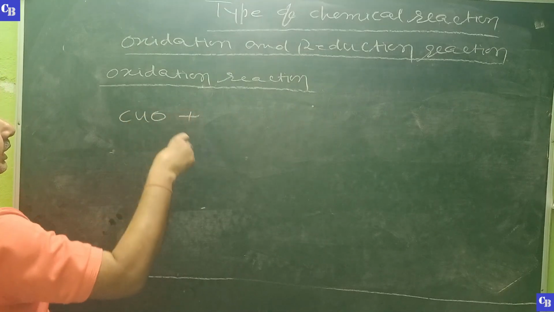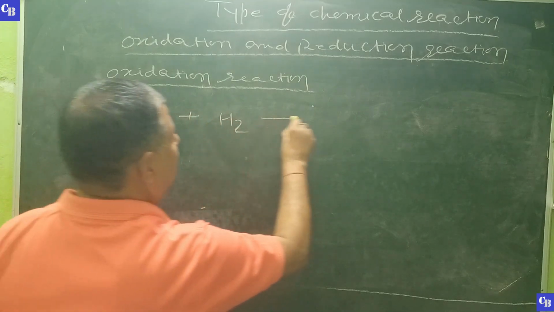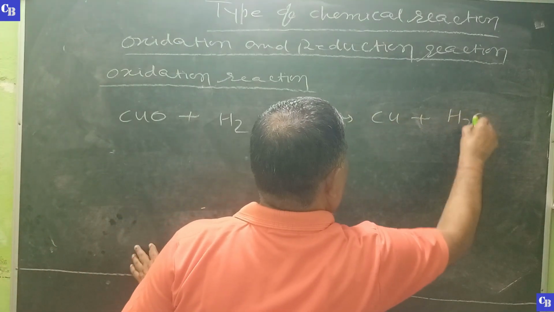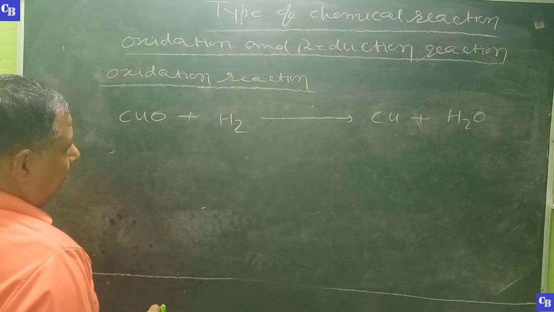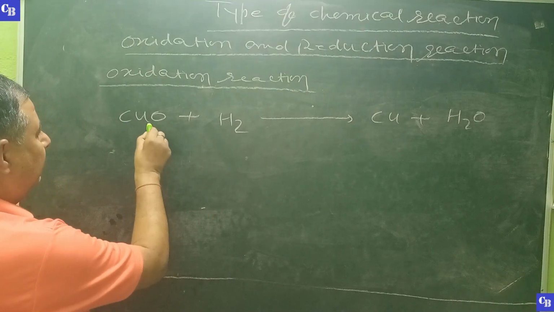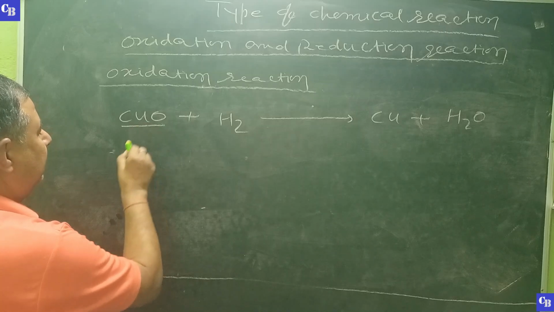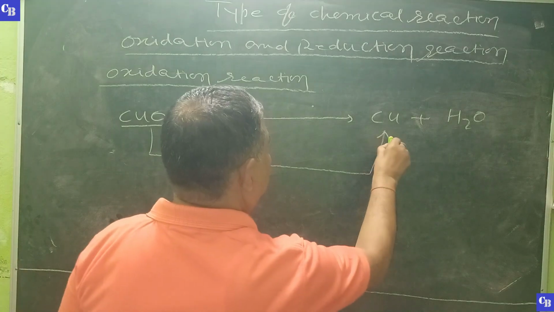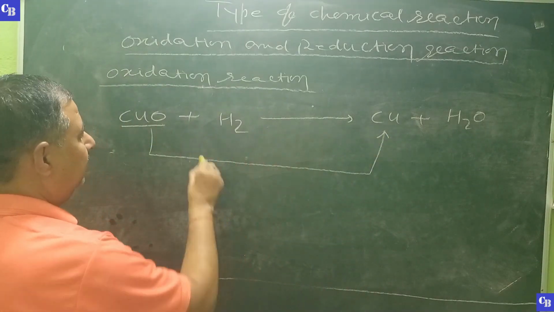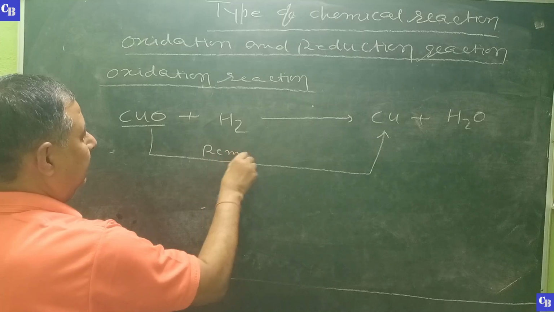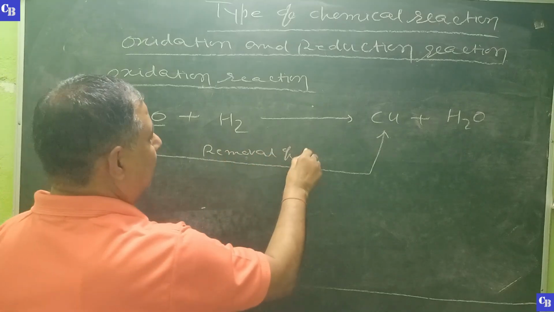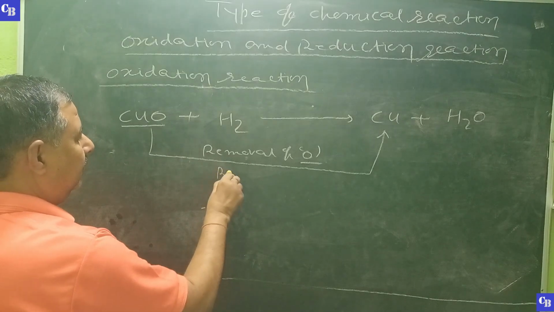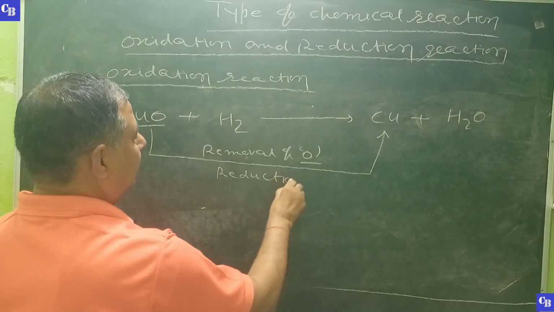Suppose that copper oxide reacts with hydrogen, then copper plus H2O is formed. In this reaction, from copper oxide, also called cupric oxide, oxygen is removed. So this is removal of oxygen, and removal of oxygen is called reduction.